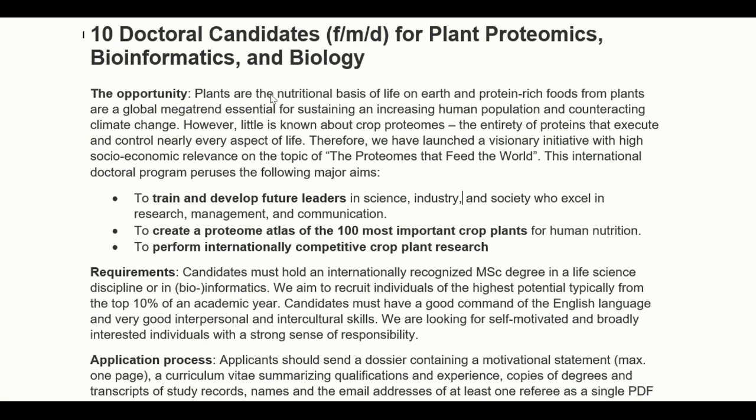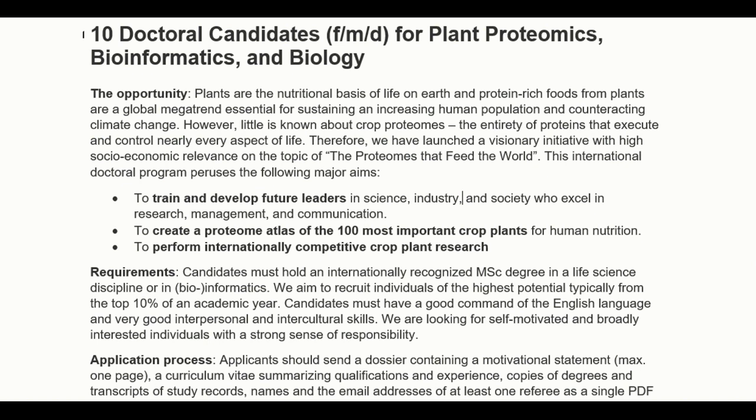So this is what they have talked about, and then they said that little is known about crop proteomes, and their project is about that. So that's why they have launched a visionary initiative with high socioeconomic relevance on the topic, the proteomes that feed the world. So that's the project name. You can conclude from this project name that they are looking for a candidate in this zone, the proteomes that feed the world.